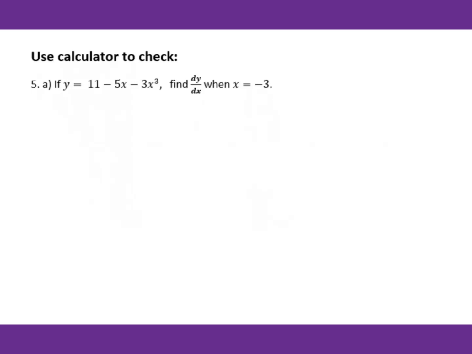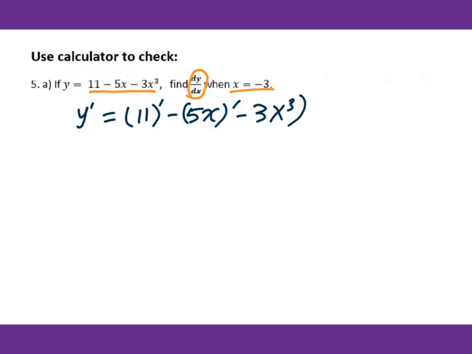If y equals 11 minus 5x minus 3x to the third power, find the derivative when x equals negative 3. So y prime equals 11, we do prime, minus 5x, we do prime, minus 3x third power, we do prime. Then this will be 0.